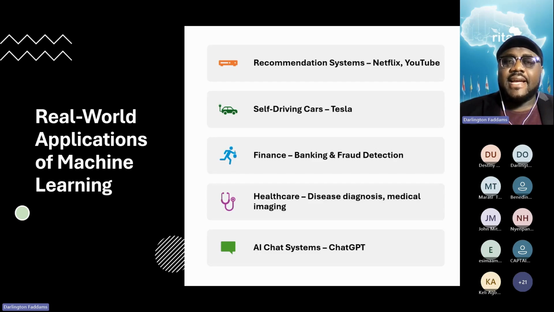Today, we find AI in Netflix and YouTube through recommendation systems. This means when you start watching one type of video, the AI can predict what video you are likely to be interested in. Even though you've not watched it before, even though you don't know about it, the AI can recommend it to you because it is studying your footprint.